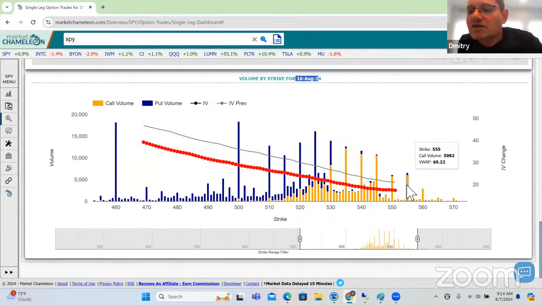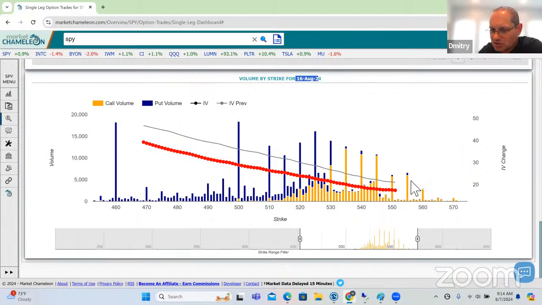There are 5,982 calls that traded total on the day that were single leg trades. These do not include multi-leg trades. Single leg trades, 5,982 calls for a VWAP price of 22 cents, volume weighted average price.